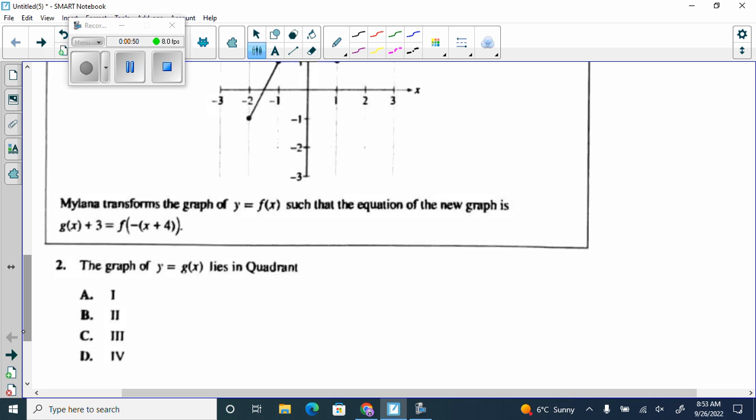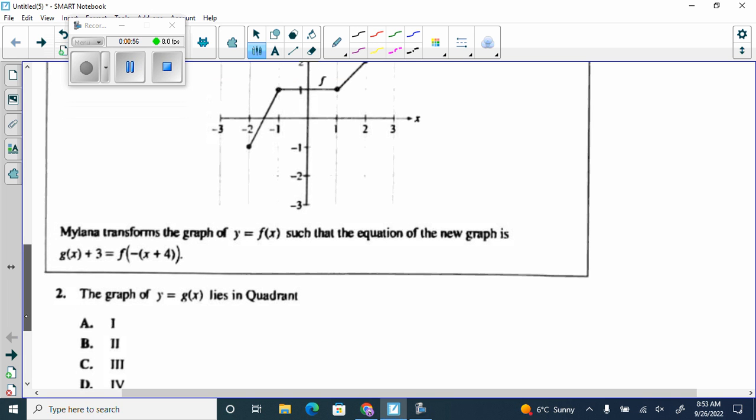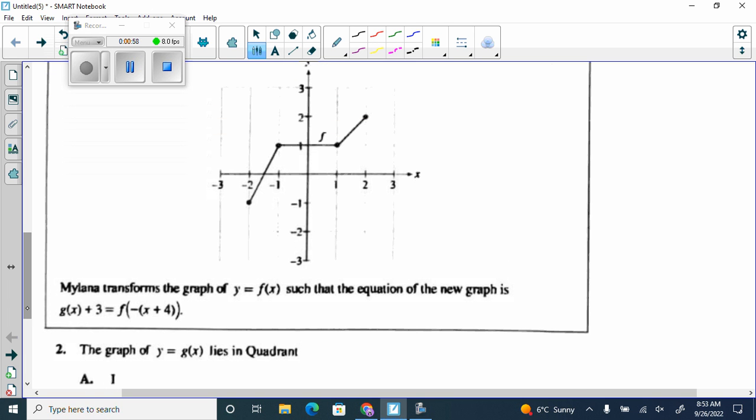Milana transforms the graph of y equals f of x such that the equation of the new graph is this bad boy. Which quadrant does it lie in? So what do we always have to do first? Yes, I'll do that first. At least for me, that's what I do. We make a C. So we want to get into y equals first, right?